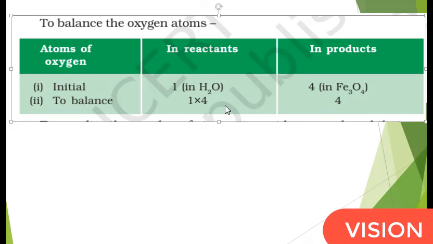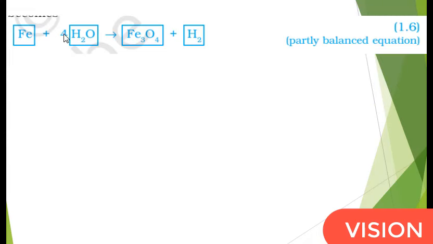The minimum is available at the reactant side. We are multiplying with 4 so we can get 4 oxygen in the reactant side also. So at the reactant side, LHS, we are multiplying with 4. I have added 4 in front of the water in the reactant side.